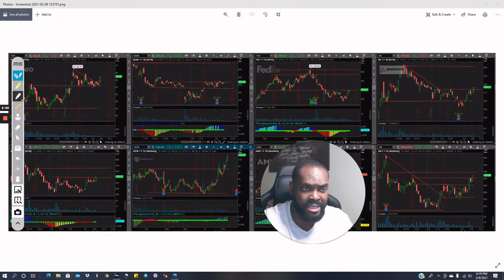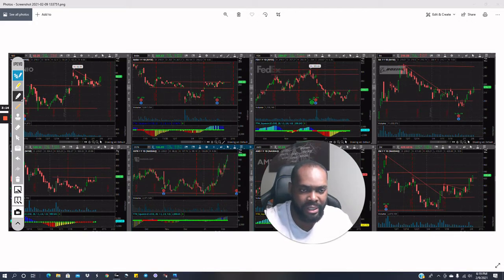So basically after this level is broken and momentum is strong, a clear sign that this level is no longer resistance, then I look to take an entry on this trade right above this level in anticipation of riding it back to the upside.